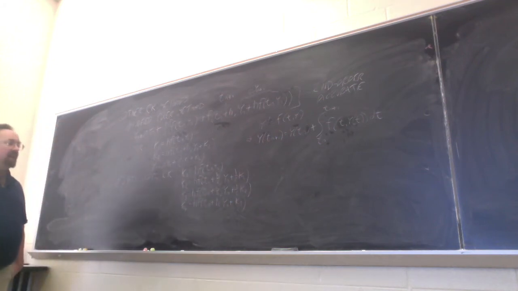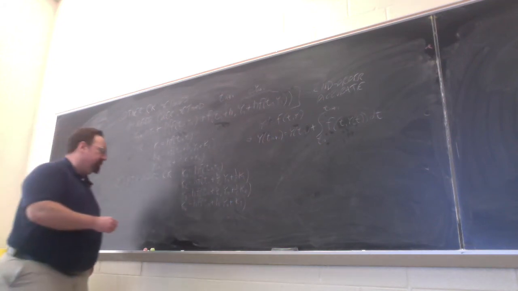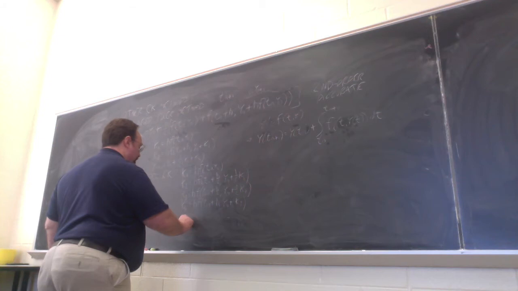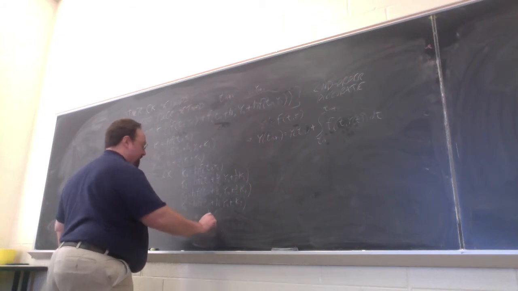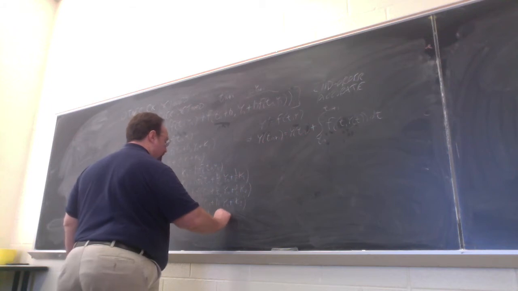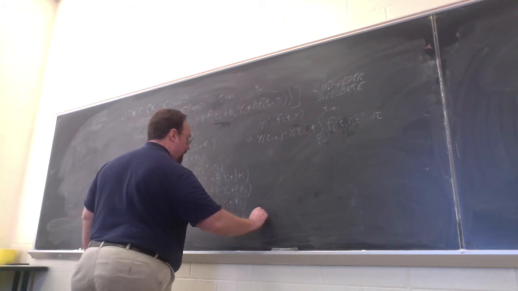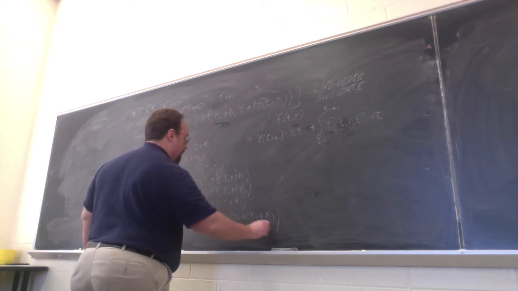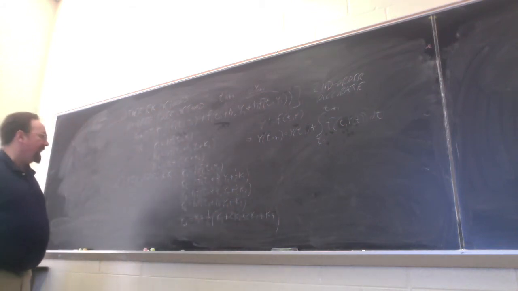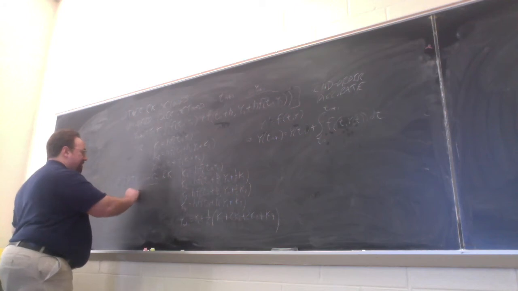Okay. And then finally we combine all of these. So yn plus 1 is yn plus 1/6, and we have K1 plus 2K2 plus 2K3 plus K4. All right. And as the name suggests, this is fourth order accurate.